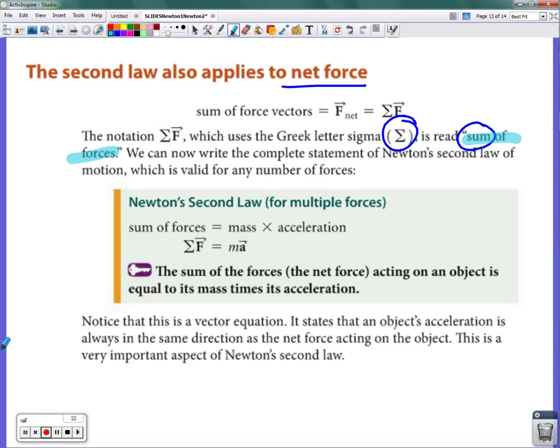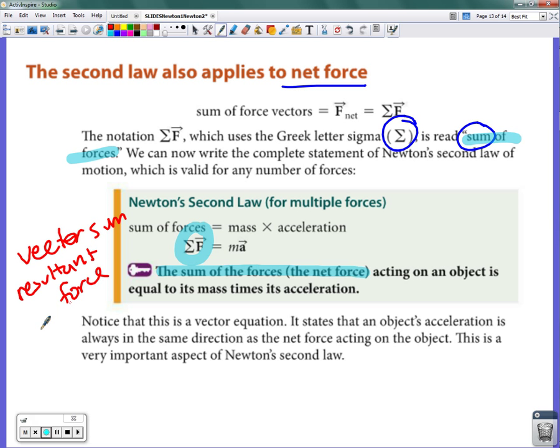However, keep in mind, forces are vector quantities. If you push on an object to the left, that's different than pushing on it to the right. Force is a vector quantity. It has direction. So when we write sigma F like this, we're really talking about the sum of the forces, which we call the net force, but in reality, we are talking about the vector sum, or the resultant force, or the resultant vector.